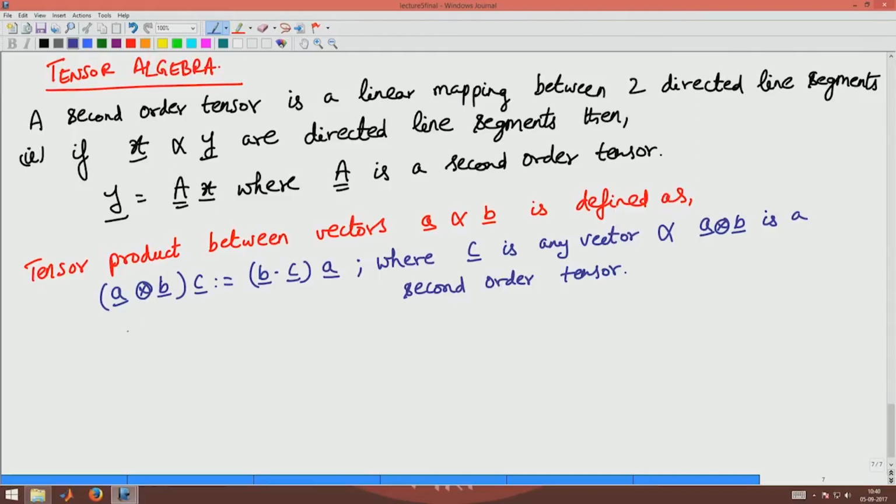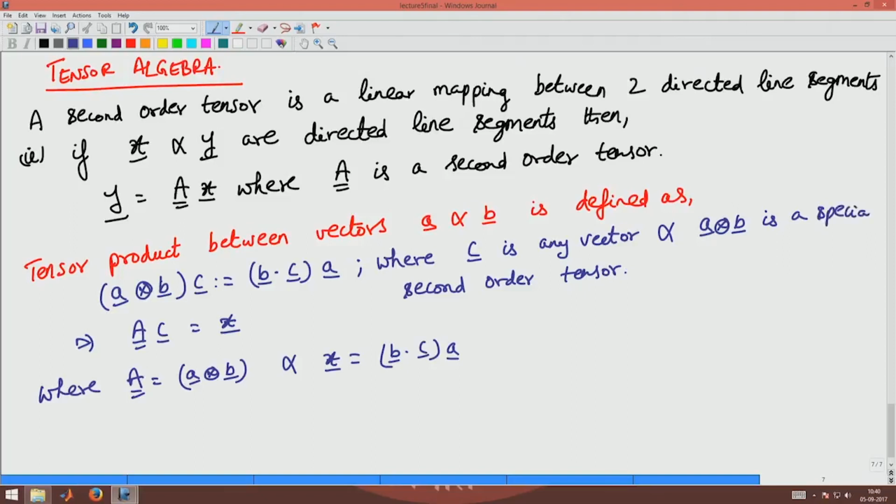So this can be written as A times C equal to x, where A is A tensor product B and x in this case happens to be B dot C times A, that is a vector A scaled by the projection of B on C. This is a special second order tensor, because it is not a general second order tensor, it is an example of a second order tensor.